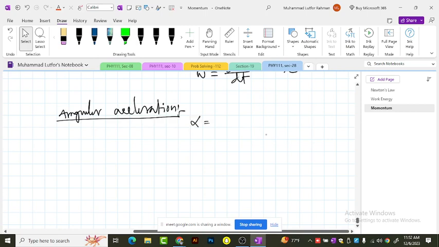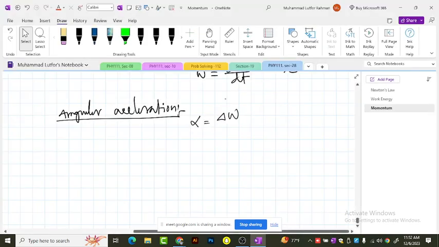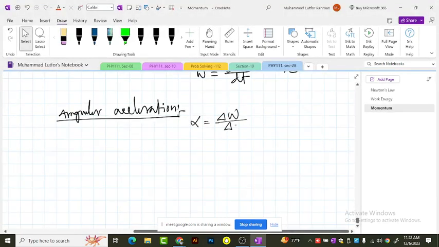Alpha is del omega over del t, and its unit is rad per second square.